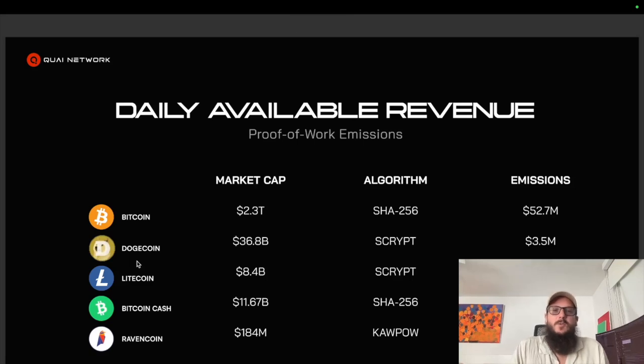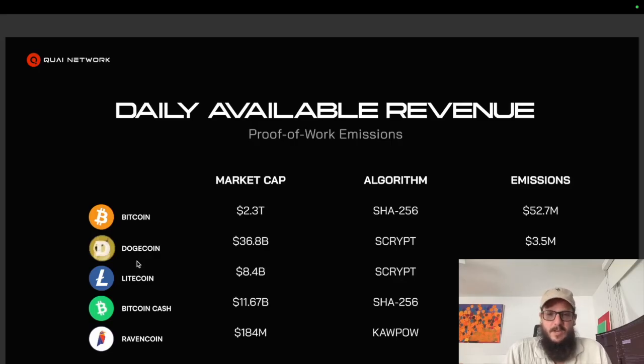So this is just looking at the daily available revenue of proof of work emissions, and these are just highlighting the coins that we're going to be initially supporting. So we're adding two completely new algorithms, which are Shaw and Script, and we're moving ProgPow over to Kapow. So Kapow will replace ProgPow in this fork.